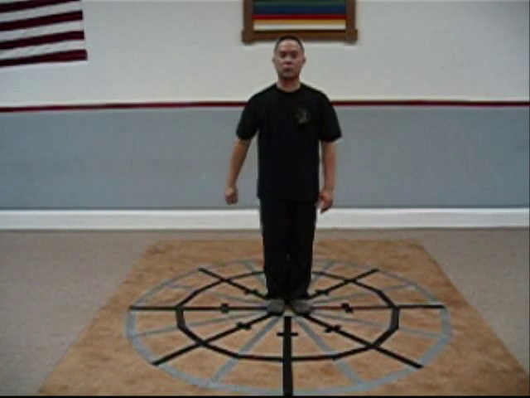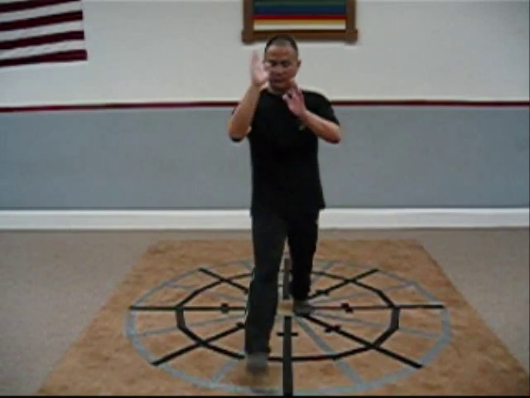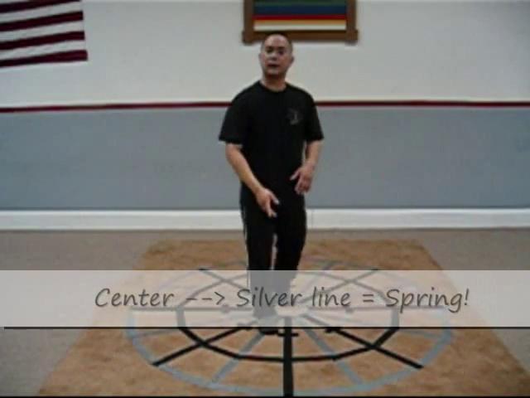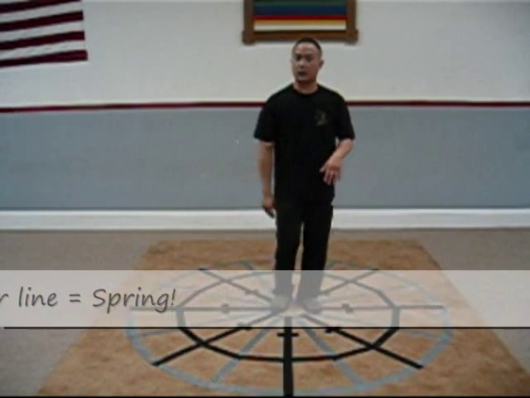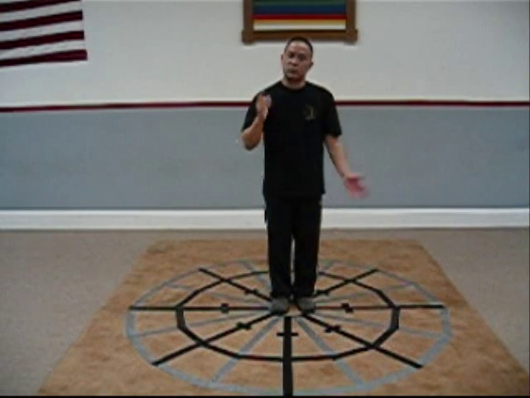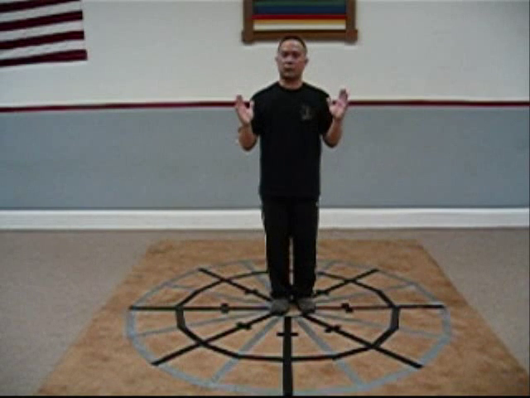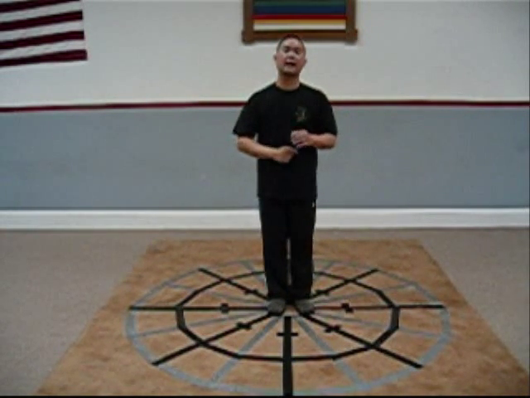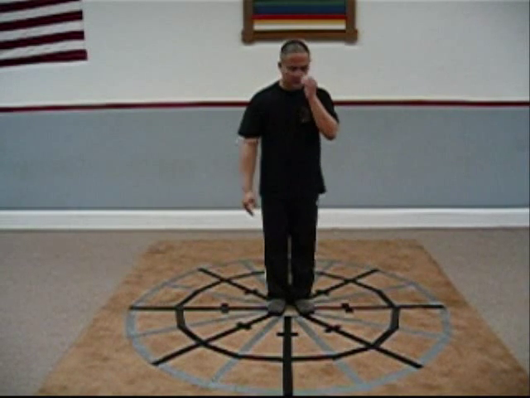But there are certain times when I could go a little bit further, say to the silver line here, or a little bit closer in, if I don't need to move as far. So these are basically the two big parameters you want to play with when we're talking about movement: the direction, and how far you can move with each step.